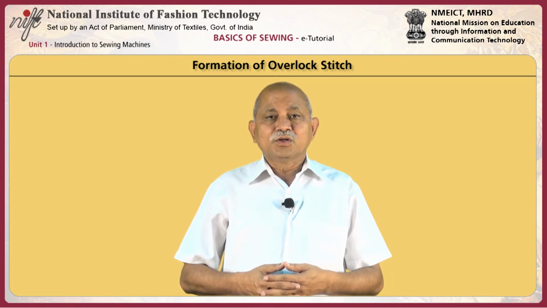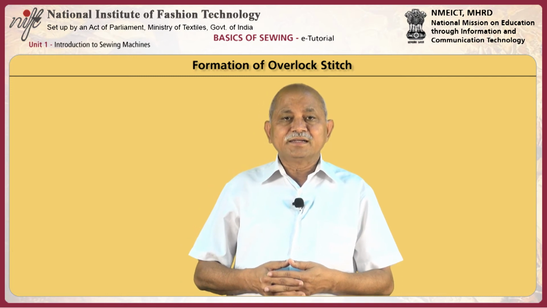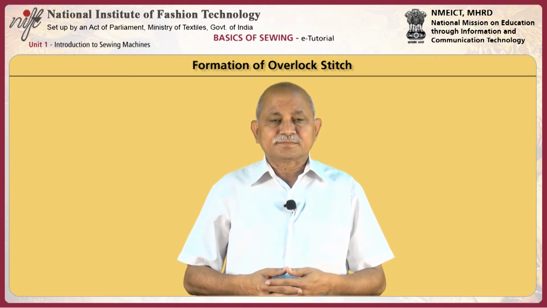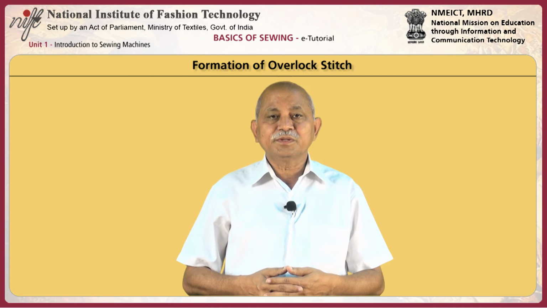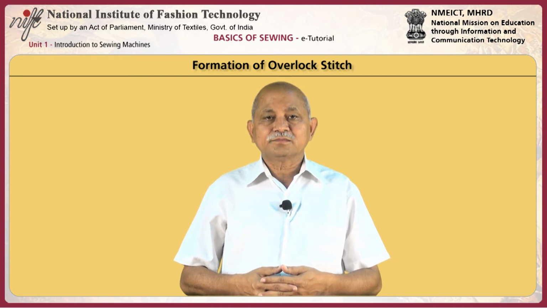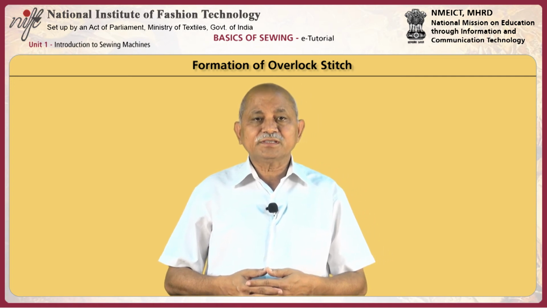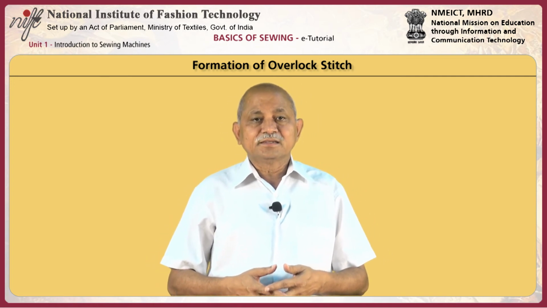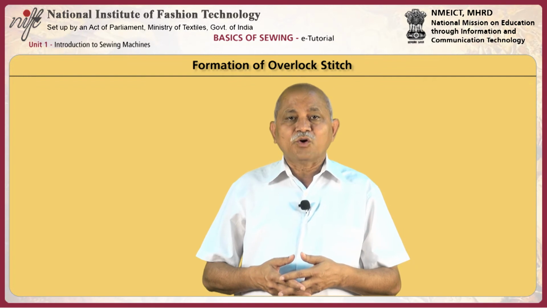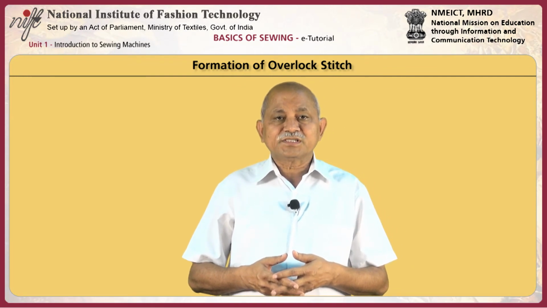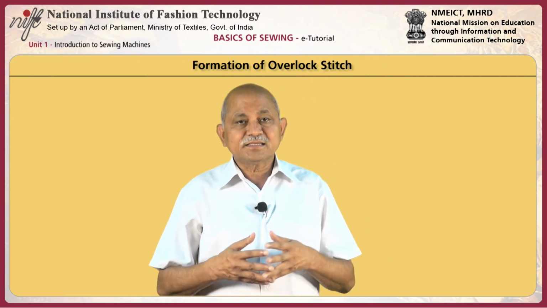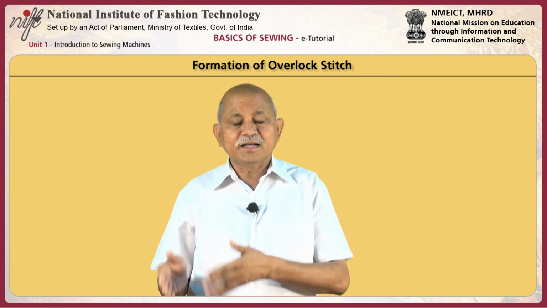It holds the lower looper thread and needle thread in place. The needle again begins its downward path, passing behind the upper looper and securing the upper looper thread. This completes the overlock stitch formation and begins the stitch cycle all over again.